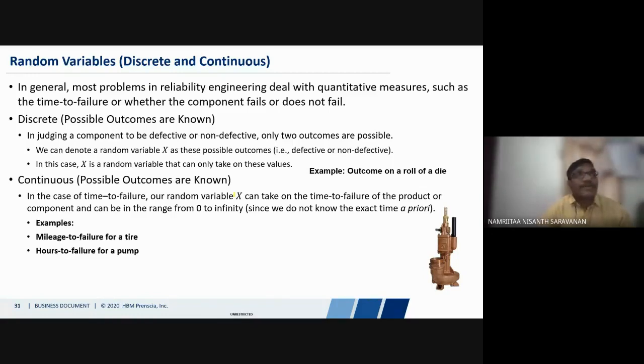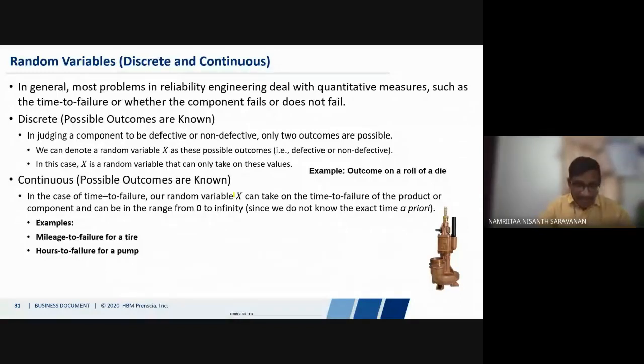In launching a rocket, yes or no only is possible. That means it reaches the required orbit or not. Okay. In such a way, this is called a one-shot product. So discrete variable is yes or no.